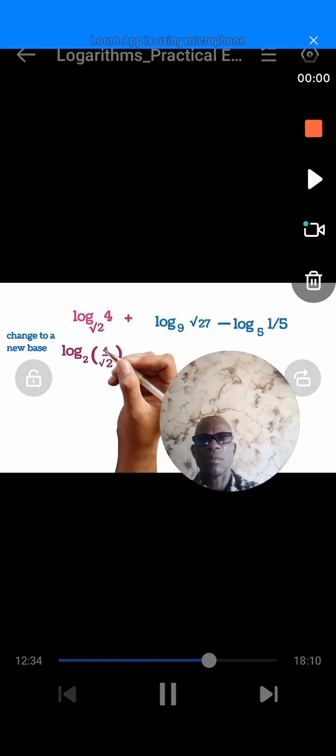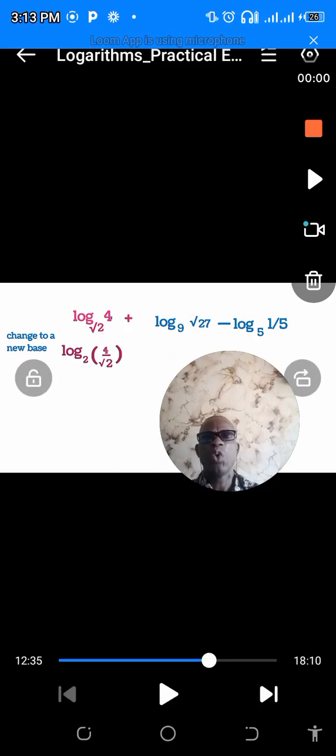And to change it, it's just log of the number over log of the base, all in the new base. It becomes log 4 over log root 2, all in base 2. Simple.